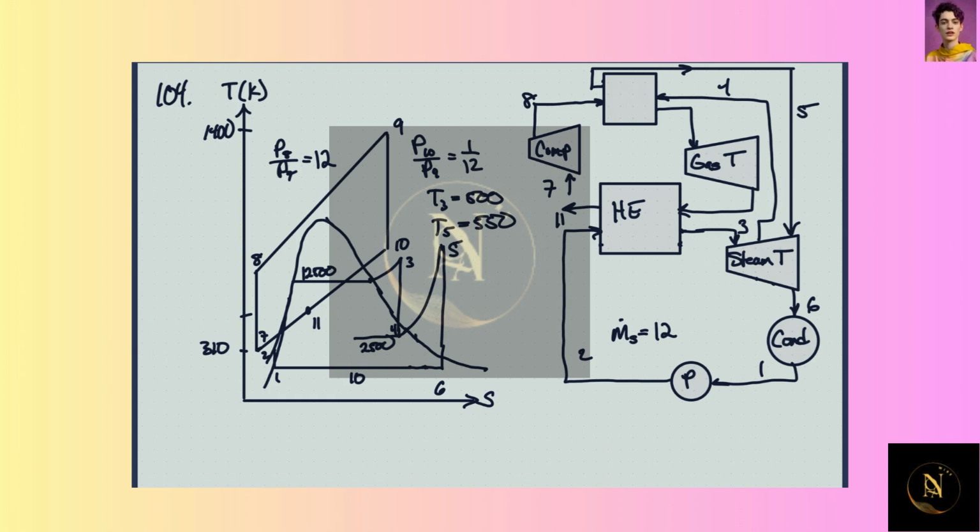The temperature coming out of here is 550 degrees C, coming in here is 550, coming in here is 500. So we're actually getting a higher temperature. Basically, we reheated to a higher temperature.